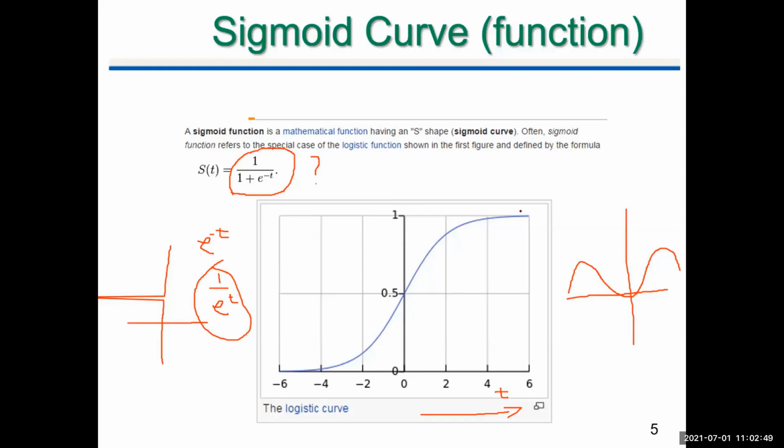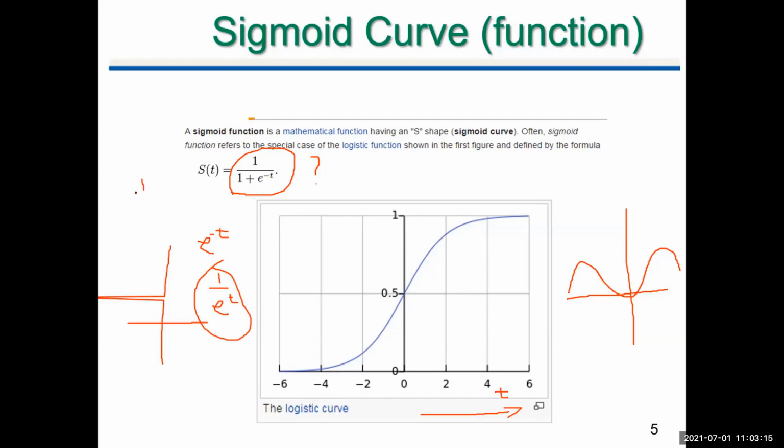Also, as t gets very negative, this thing will get much bigger, and then we're getting 1 plus a huge number in the denominator. 1 over that is 0.